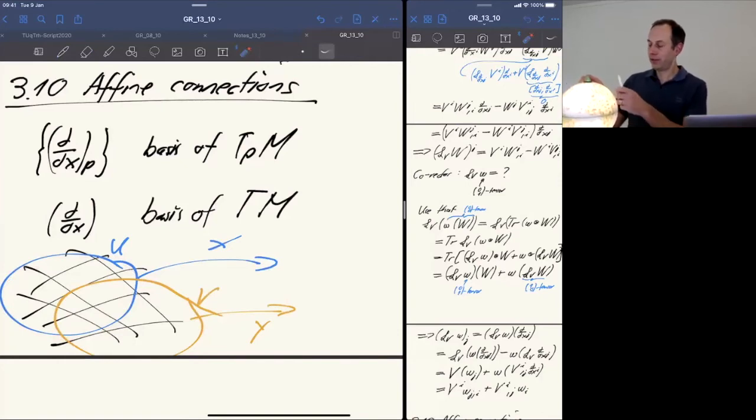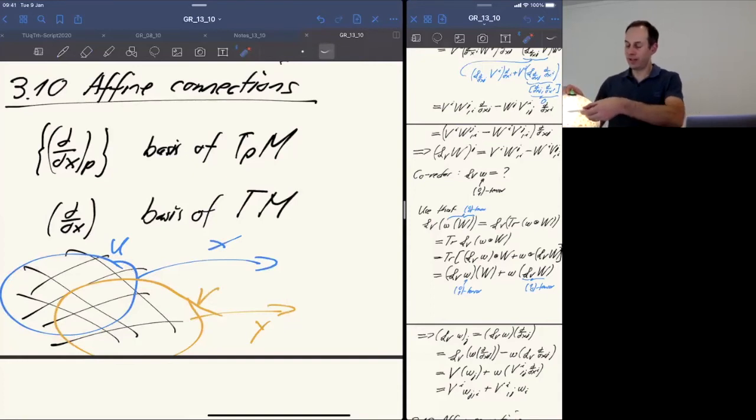So you start with Switzerland and put a coordinate system, a chart, which has the east-west direction, the horizontal one, and the vertical one, the north-south direction.